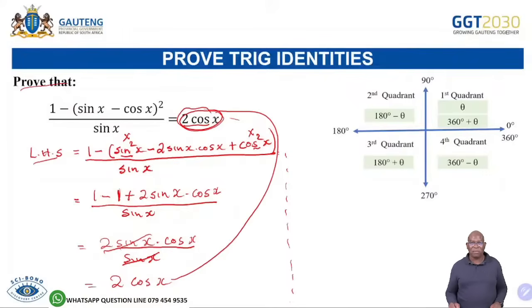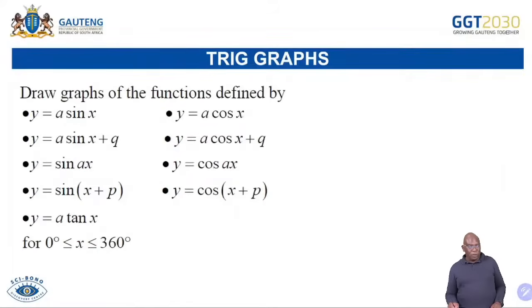Trigonometry is quite easy. We really need to work on, especially, the Pythagoras type questions. We need to really work on them. The trig graphs, these are trig graphs that we do in our syllabus. Hope those ones you know from grade 10 and grade 11.